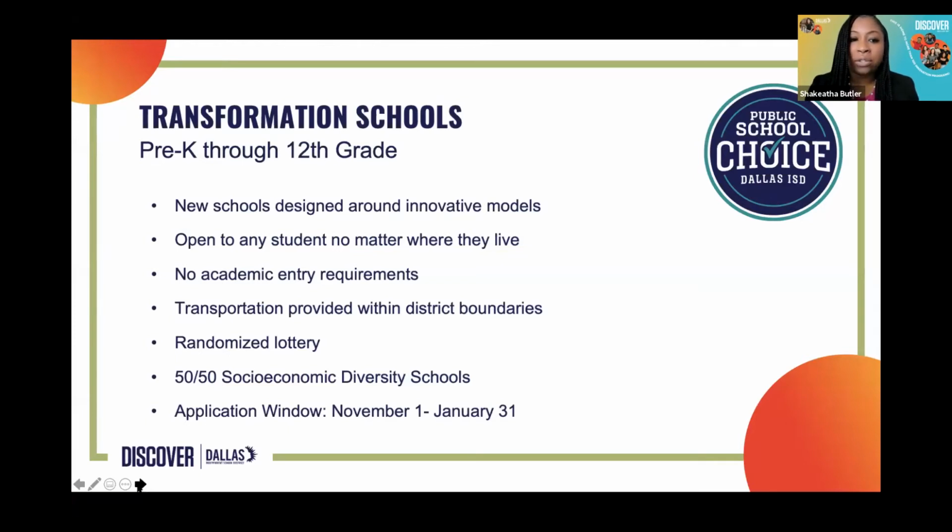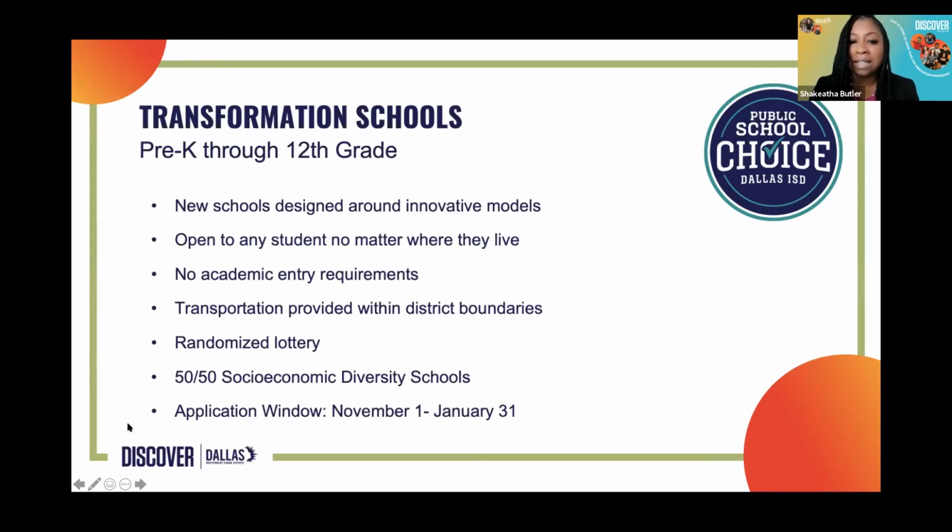Our transformation schools are brand new startup schools with innovative models. They are open to students who live anywhere, and we do not have academic requirements. What's really unique about our campuses is that we have a 50-50 diversity lottery that's based on socioeconomic status. 50% of our seats are reserved for students who are economically disadvantaged, and 50% of our seats are reserved for students who are not.